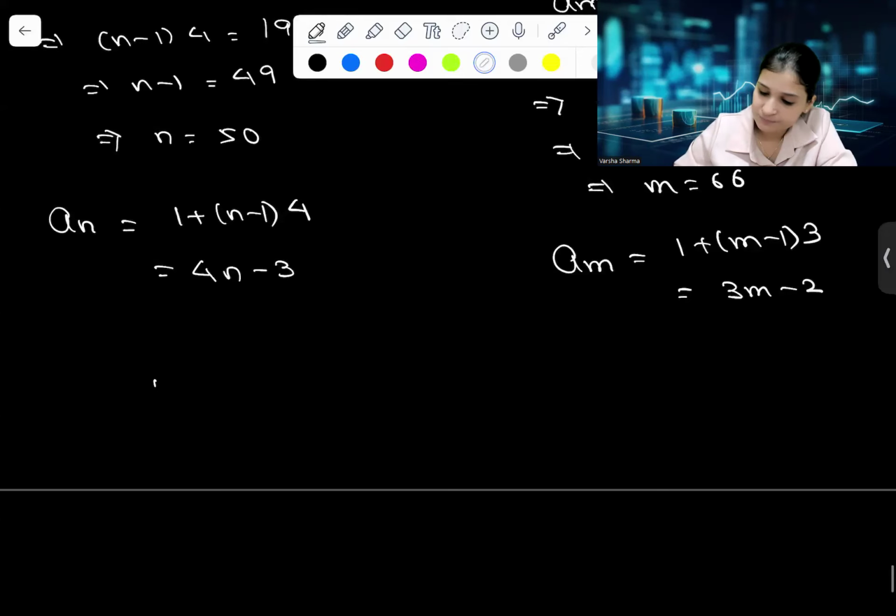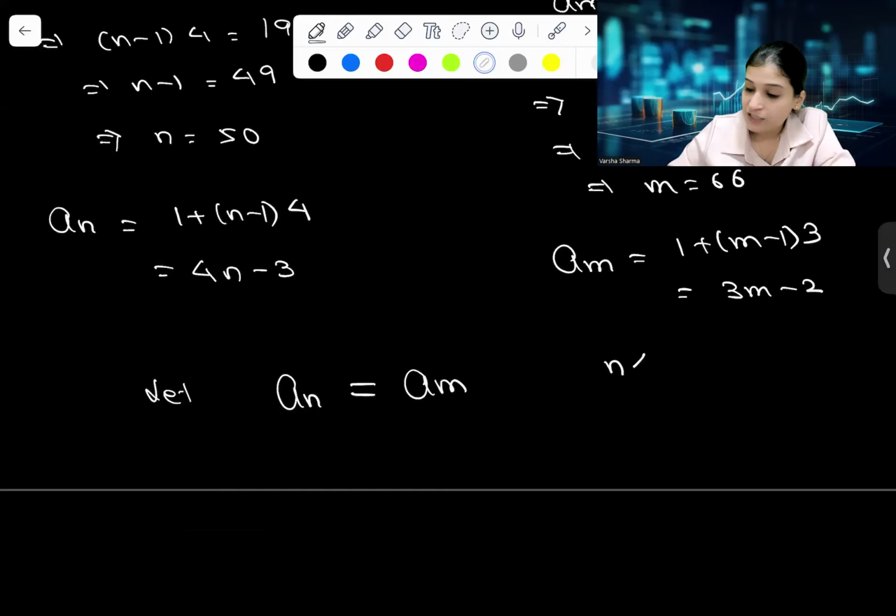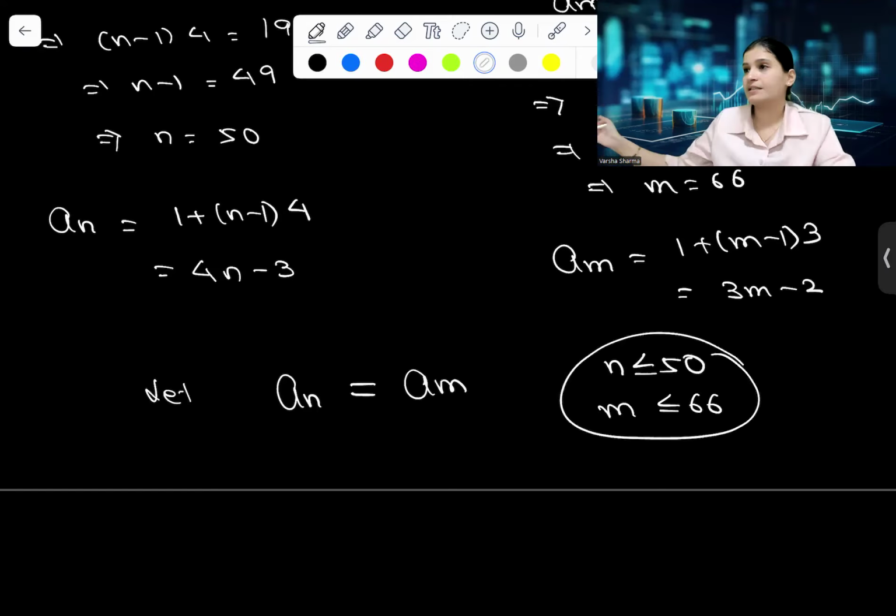So let an be equal to am. And remember, n is smaller than or equal to 50. Maximum is 50 terms in that sequence. And in the second one, this is rough. This is for you. Now, let us try to solve it.